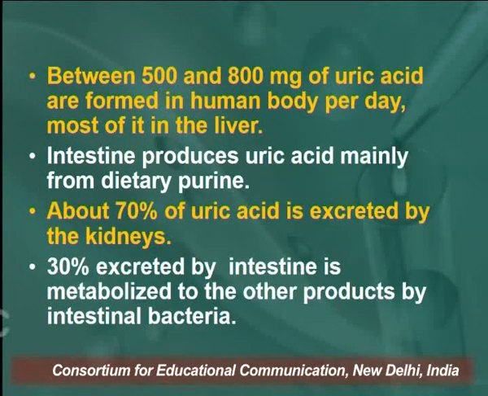Learners, between 500 and 800 milligrams of uric acid are formed in the human body per day, mostly in the liver. The intestine also produces uric acid, mainly from dietary purine. So, the purine which we take from the diet, the intestine produces uric acid from it.